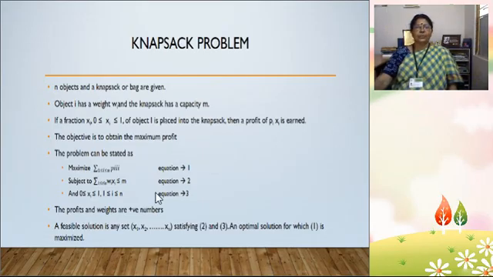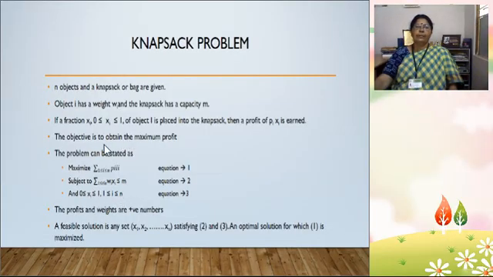So it can be mathematically stated as: maximize the summation of i equals 1 to n of pi xi, subject to the constraint that the weighted sum of the inputs, summation of Wi xi, should be less than or equal to M. What is M? M is the capacity of the knapsack. And then the value of Xi should not exceed 1, so it should range between 0 and 1.